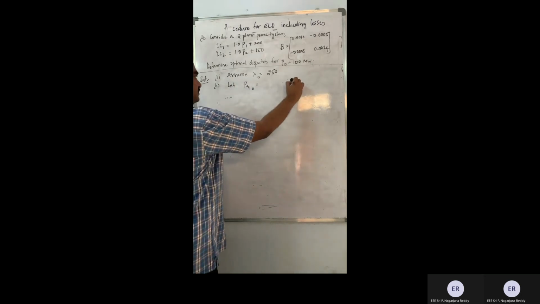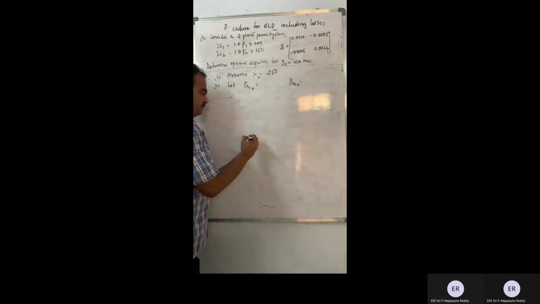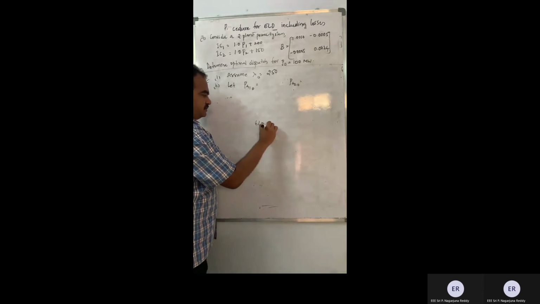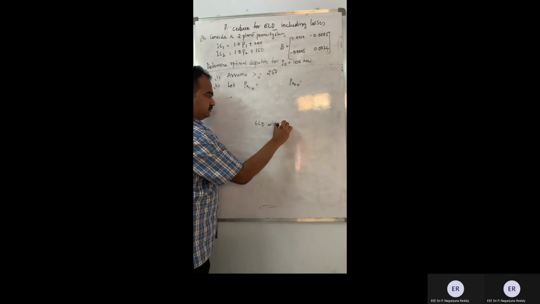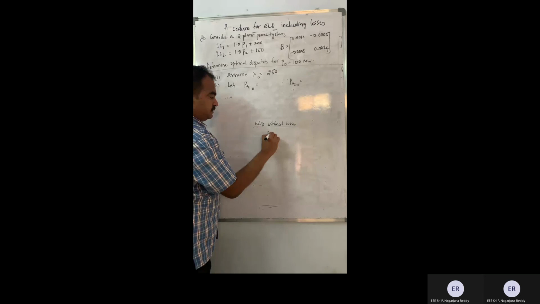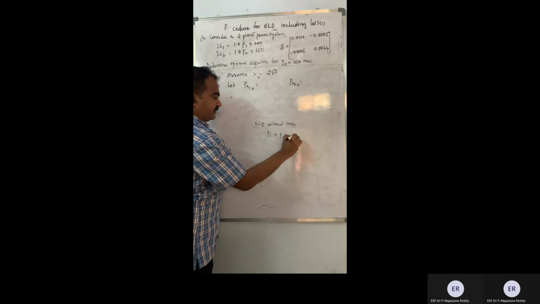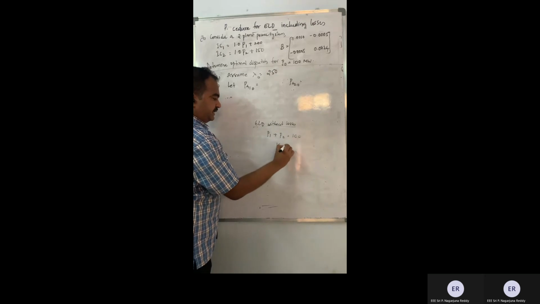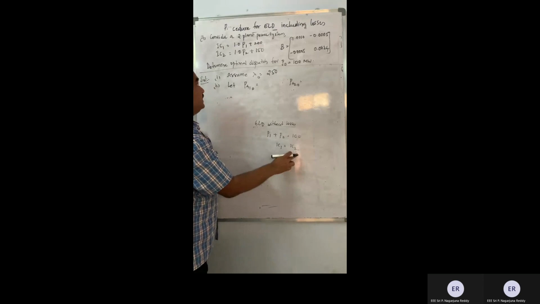Next, let initial generations PG1 and PG2. I need initial values of generation. How to get the initial values of generation? As I already told you, you go with equal incremental fuel cost. So what I'll be doing is an ELD problem here without loss. What is ELD without losses? Your total generation is equal to your demand, and equal incremental cost. What are equal incremental costs?